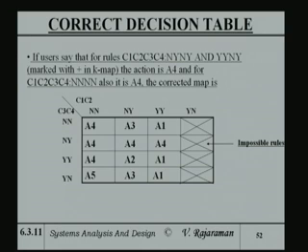Now, this particular Carnot map has only one action in each box, and it has all boxes filled up. That means it now has no contradictions, it has no incompleteness, and it is logically a correct situation.